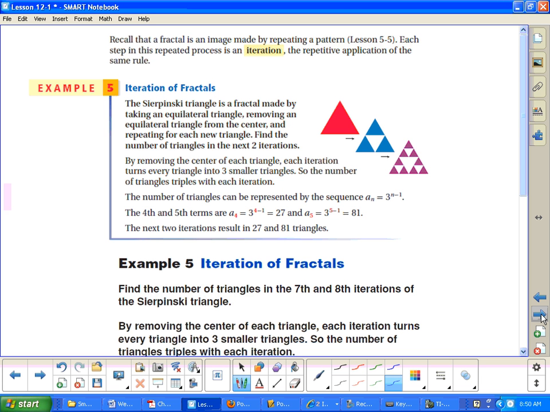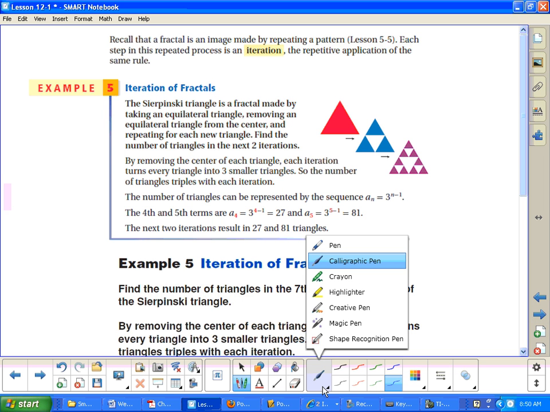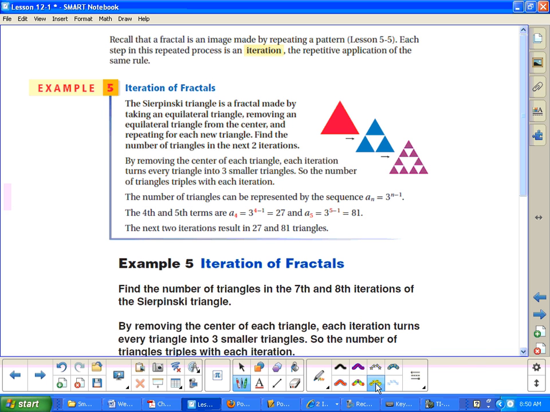So first of all, in the first triangle, we have one triangle there. We take a triangle out of the center, and we can see that we now have 3 triangles. So we went from 1 to 3. When I take a triangle out of the center of each of those triangles, I now have 9 triangles.